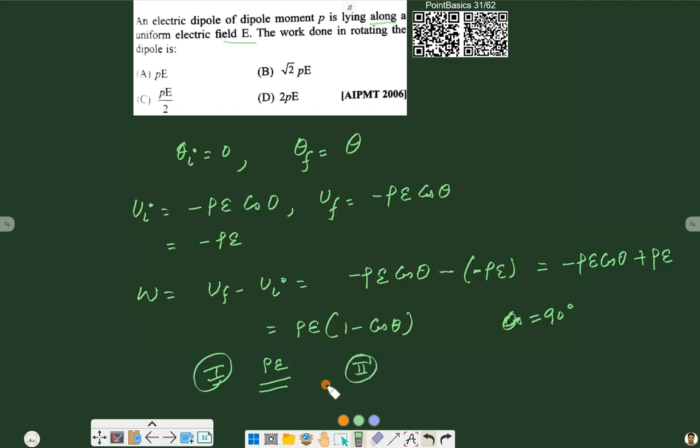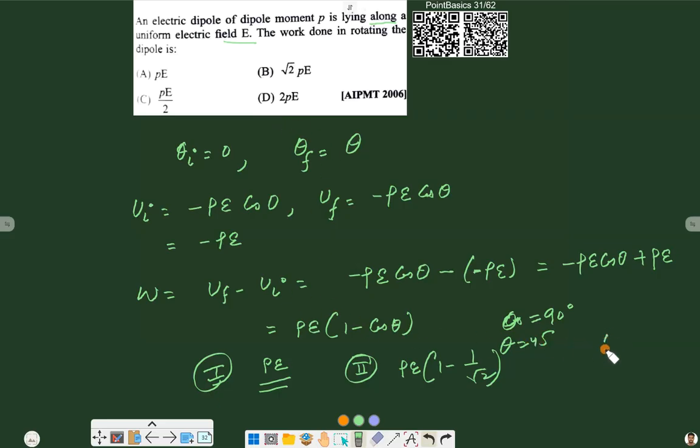Now second case, suppose here we rotate it by 45. In the second case, theta is equal to 45. Then cos 45 is 1 by root 2, and in that scenario the answer will be PE times 1 minus 1 by root 2, which does not match with any of the answers.